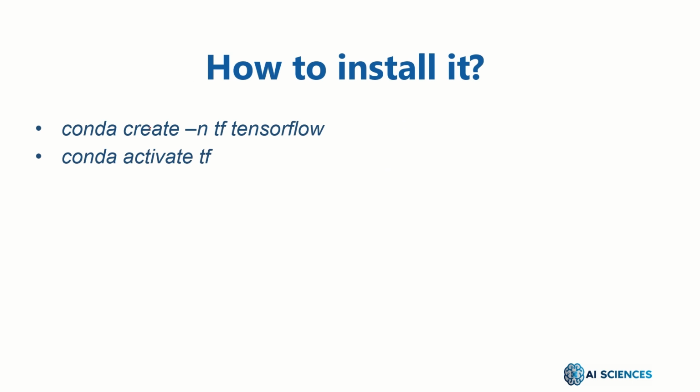If you already have Anaconda installed, then you can go to the Anaconda prompt, and you can type conda create -n TF, which is the name of your environment. It is good to create a new environment. You can write any name you want for the environment, and then you can type tensorflow.